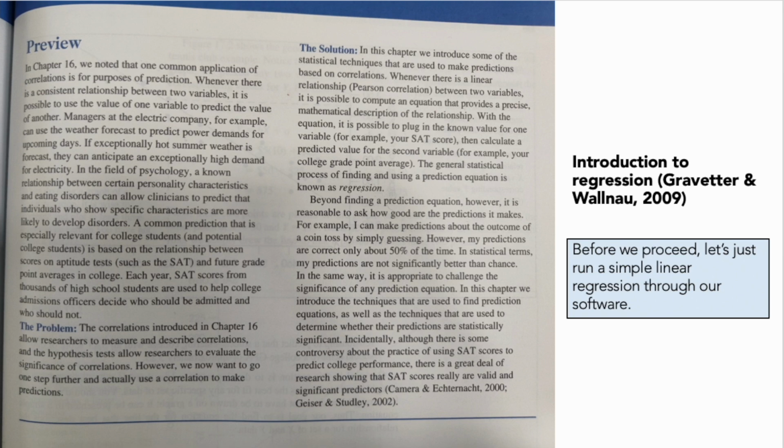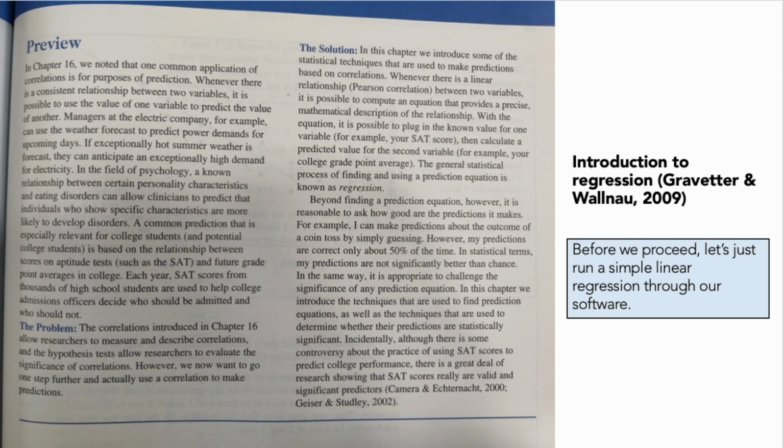So SAT and GPA have a correlation. But what if you want to make a prediction? A particular SAT score could help you determine what kind of GPA is expected for a particular student.